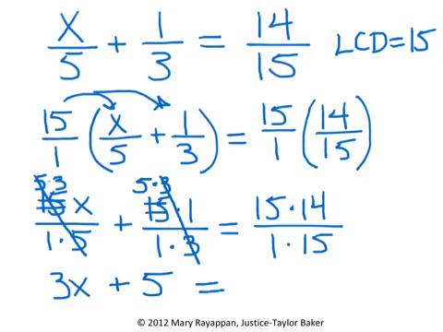This will be equal to, on the other side, the same factor 15 in both the top and bottom. It will cancel out, and I will have 14 over 1, which is 14. So the original equation, x over 5 plus 1 over 3 equals 14 over 15, will reduce to the much simpler equation to solve, 3x plus 5 equals 14.